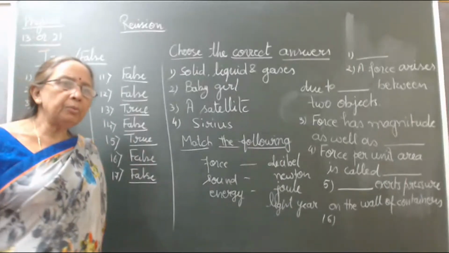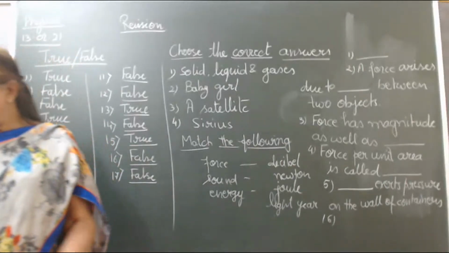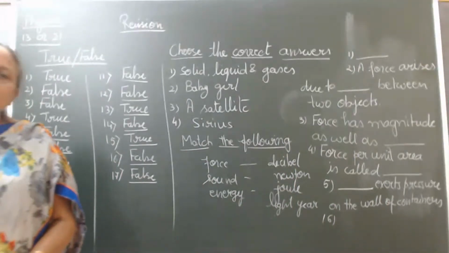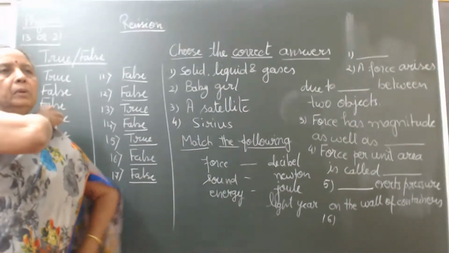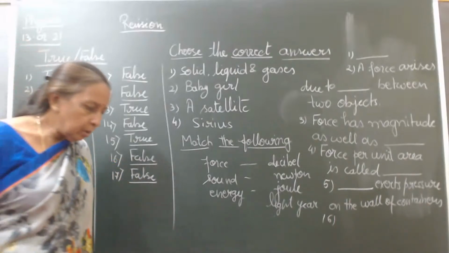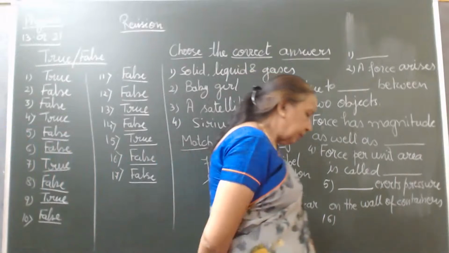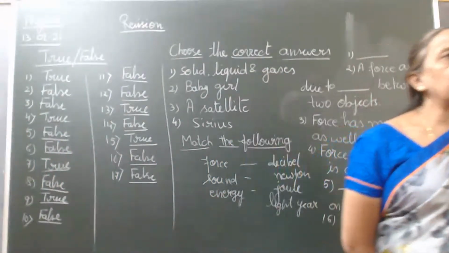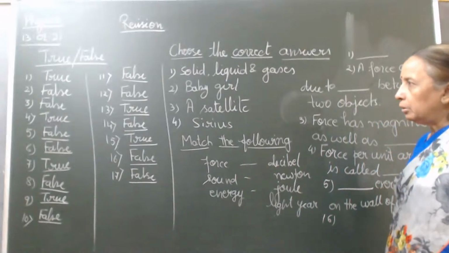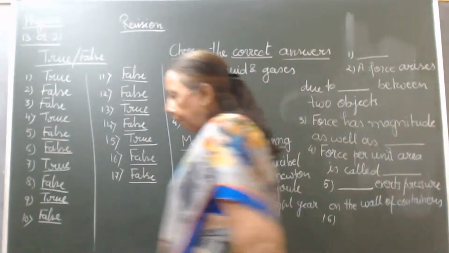Today all of you decide that tomorrow everyone should read their lesson, like force, and come at a particular time, according to your schedule, say at 4 o'clock. All of you should read the lesson very well.